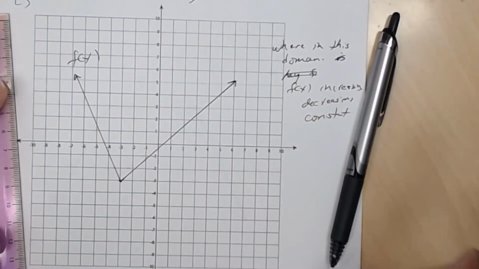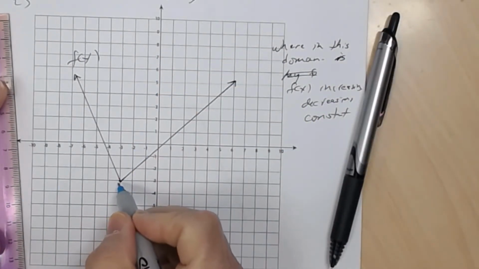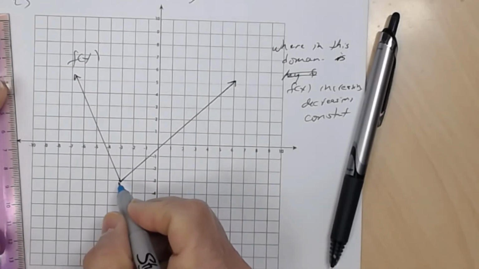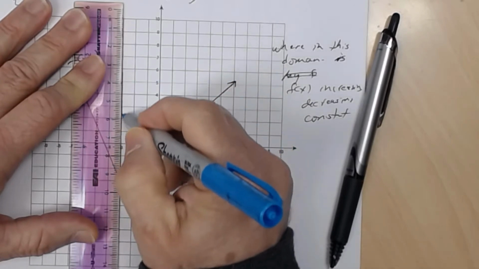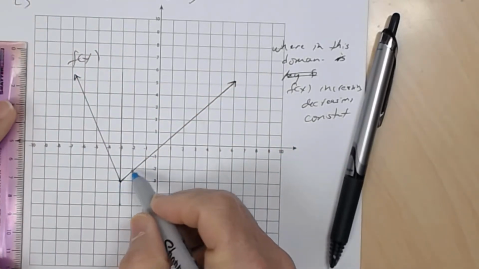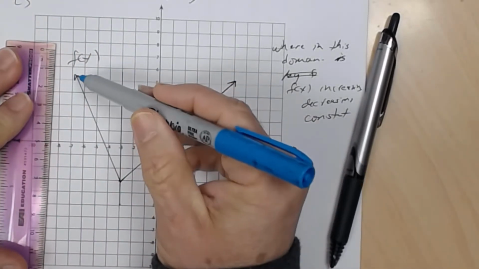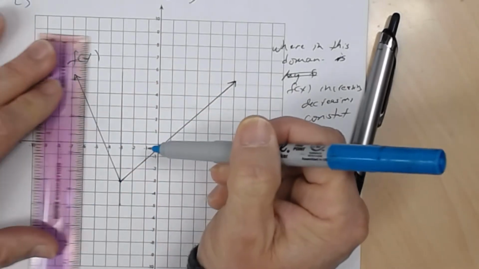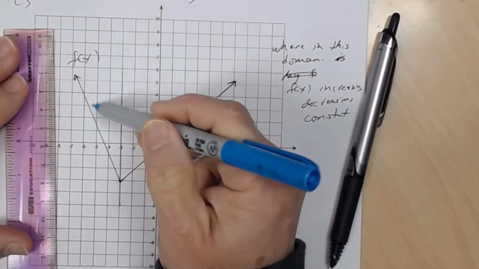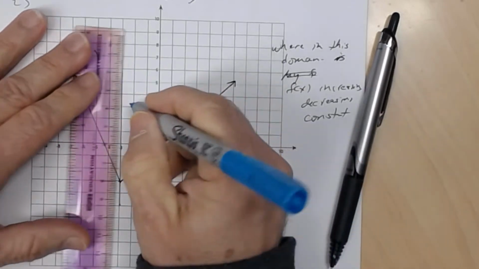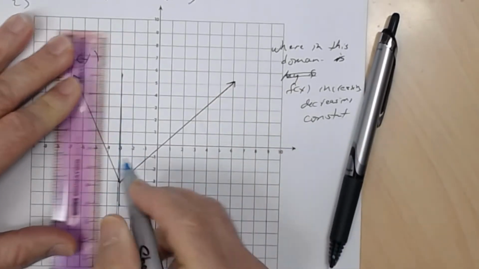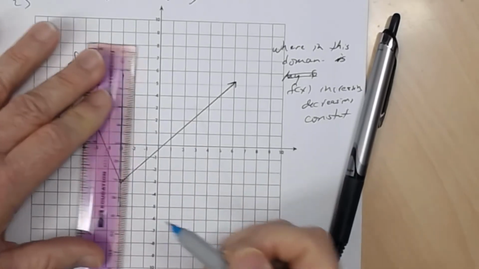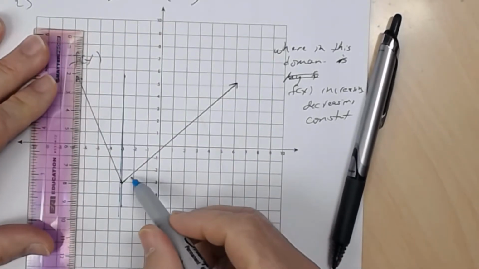Then all of a sudden, at this minimum point right here, what are the y values doing? Well, let me rephrase that. From negative infinity to this minimum point, the y values are decreasing, right? And then from this x value to infinity, what are those y values doing?